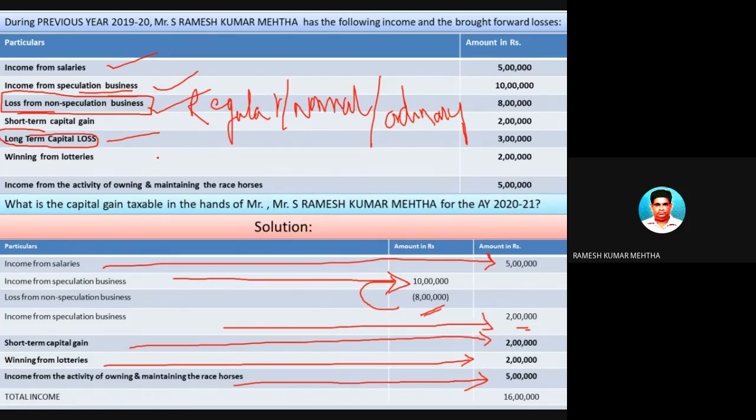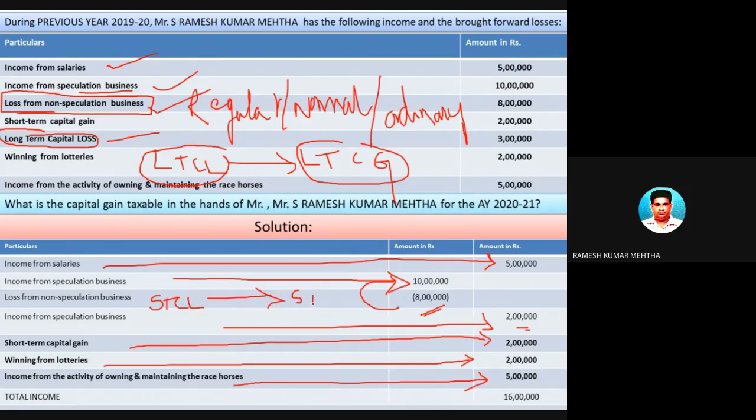Long-term capital loss can be set off against long-term capital gain only. Here there is no long-term capital gain, and hence this cannot be set off. Whereas short-term capital loss can be set off against short-term capital gain as well as long-term capital gain.